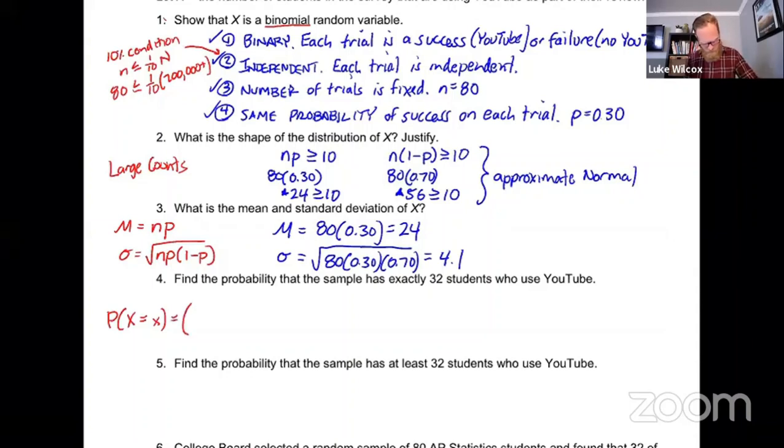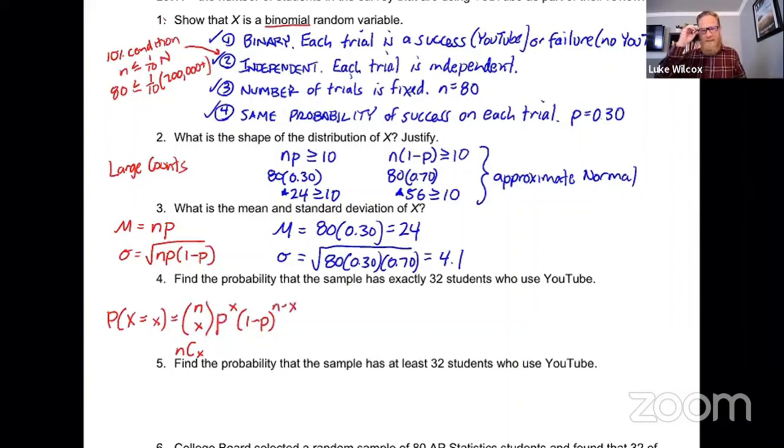Now, the first thing that you see there on the formula sheet is this n over x with the parentheses around it. Now, some of you may know that as n choose x, right? That's a combination. We're actually going to use the calculator to help us find that. And then let's finish the rest of the formula here. It's the probability of success raised to the number of successes times the probability of failure raised to the number of failures.